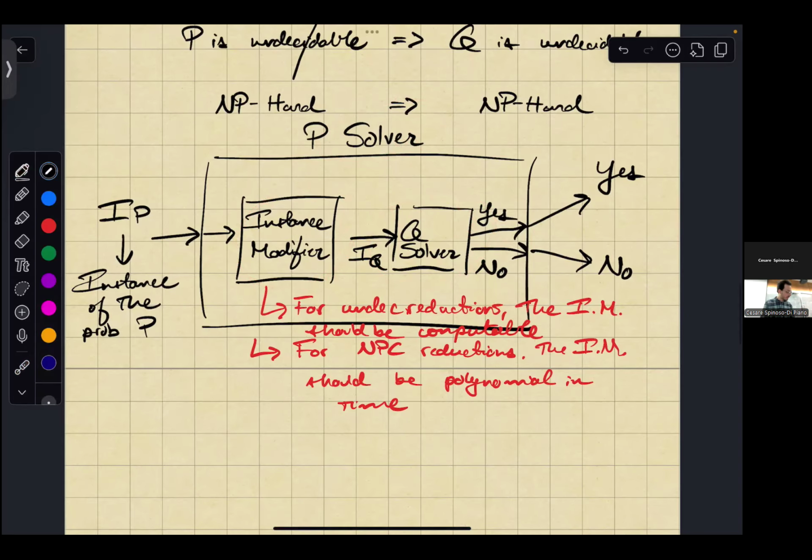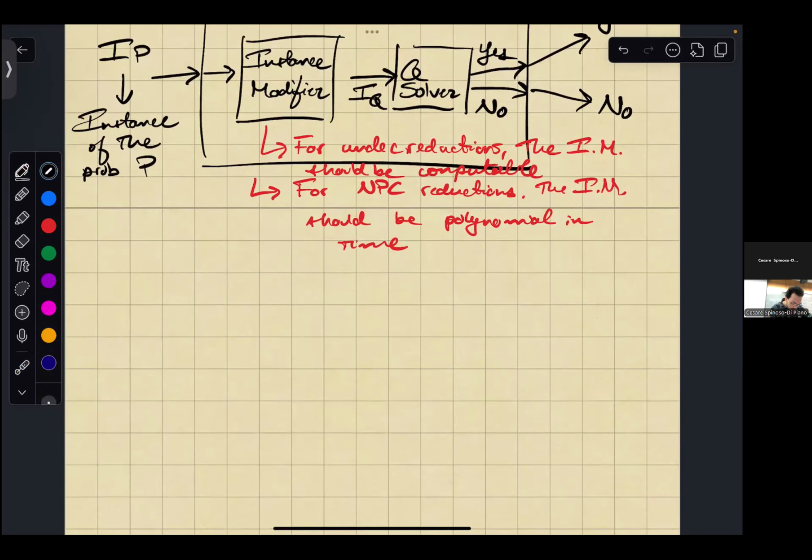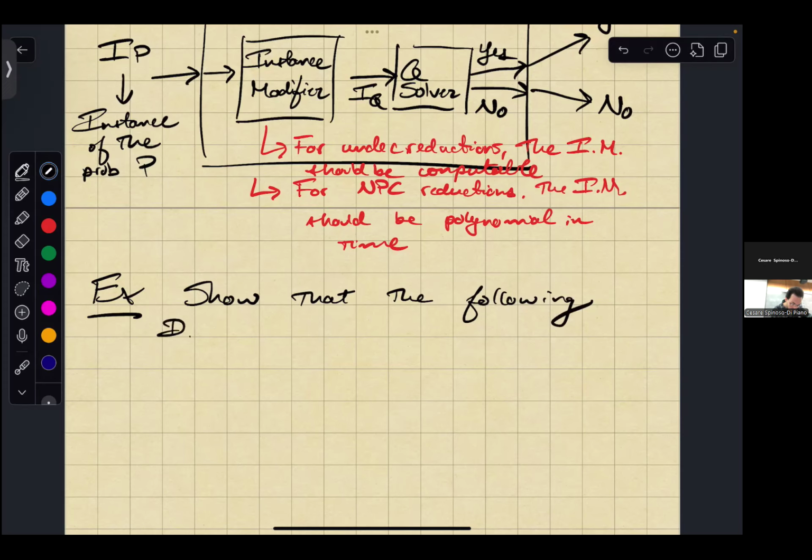Now let's try to make this a bit more concrete by looking at a first reduction where we want to show that the following decision problem is undecidable by reducing it from AP.